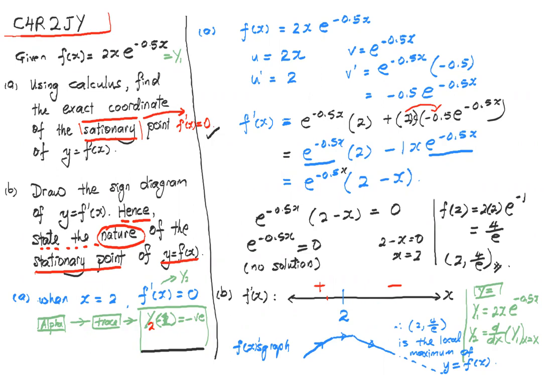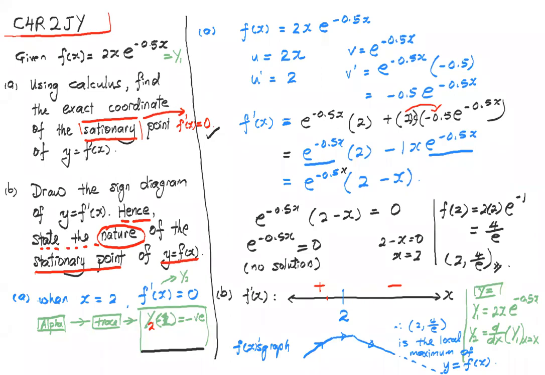So one purpose of drawing the sign diagram of f prime x is to know, for a certain interval of x, whether y equal to fx is increasing or decreasing. What is another purpose? To find out if it's a maximum or minimum graph.